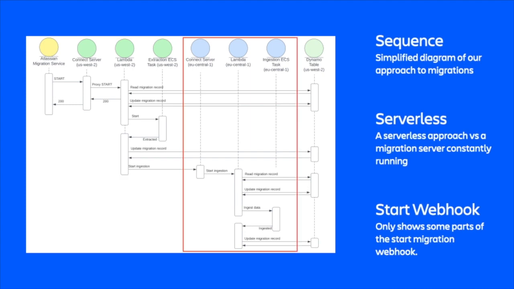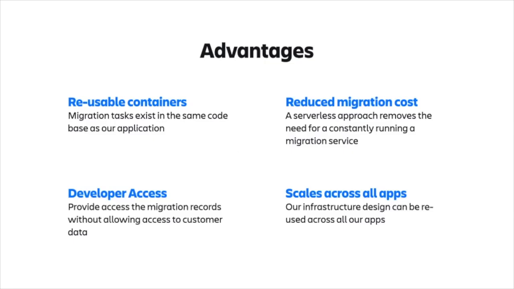And the same process essentially takes place on the German side of things. The Lambda updates the migration record, triggers the ingestion task, and starts the AWS Batch task that uses the container to ingest the information in the Connect server database. And finally, updating the migration record when it's ready to commit.